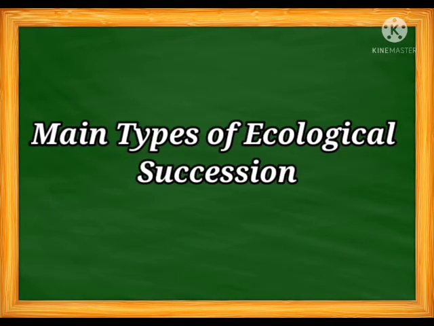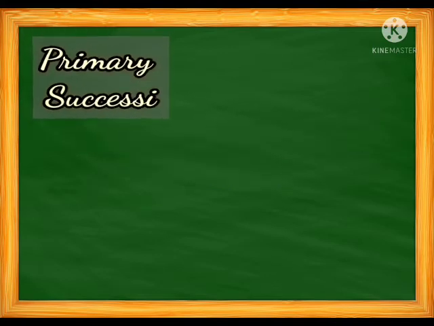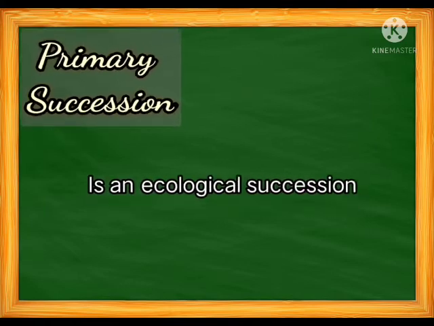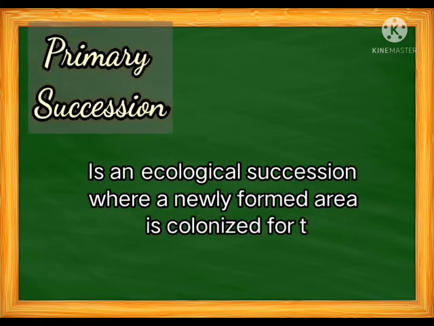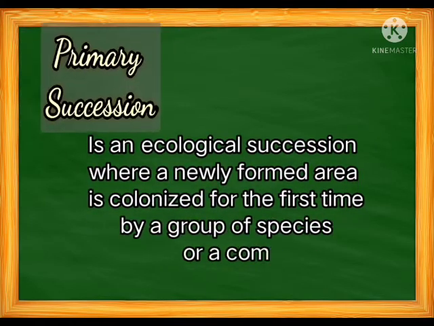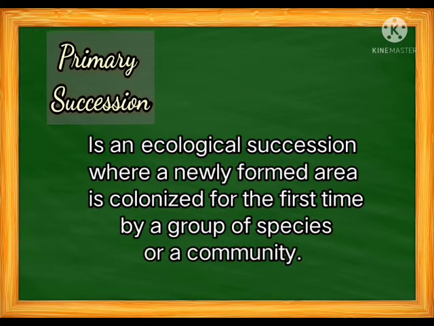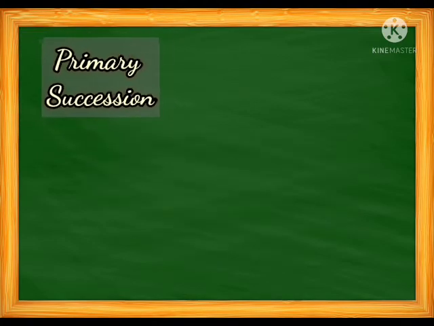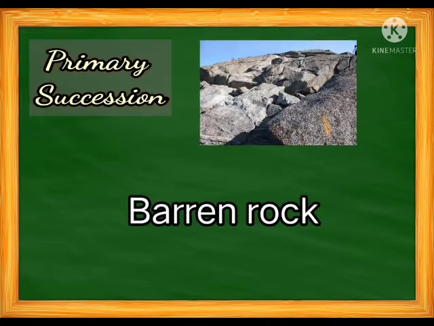And now let's move on to the main types of ecological succession. First, primary succession is an ecological succession where a newly formed area is colonized for the first time by a group of species or a community, such as barren rock.